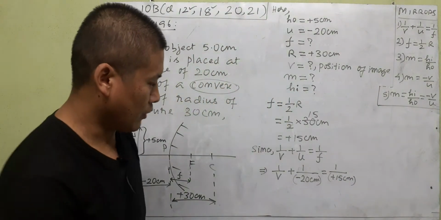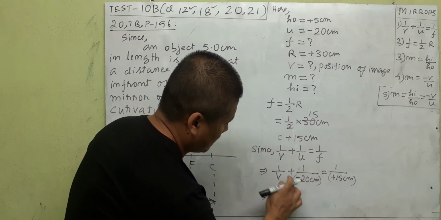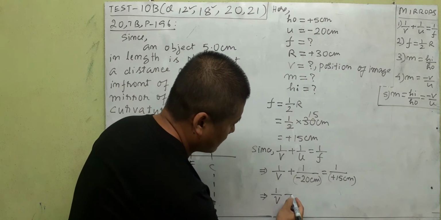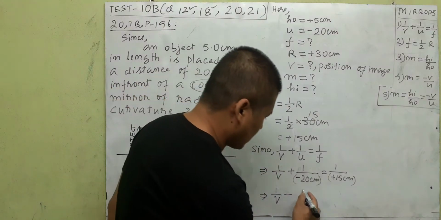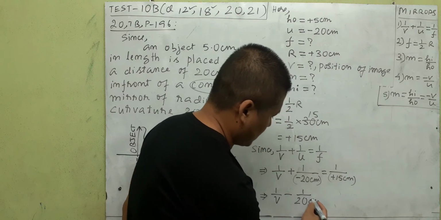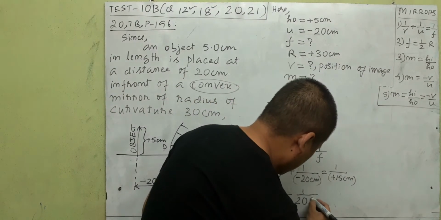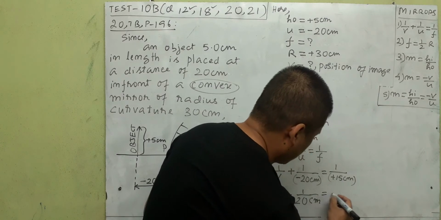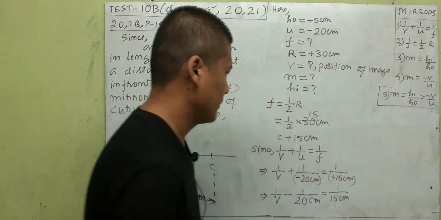Right? I hope that's clear to you till now. So 1 by V, plus into minus means minus, so that minus has to be brought up immediately to the numerator, and 1 by 20 centimeter. So this is 1 by, we can just write simply 15 centimeter.